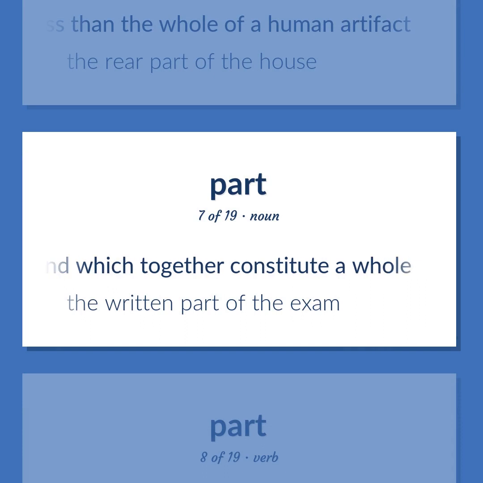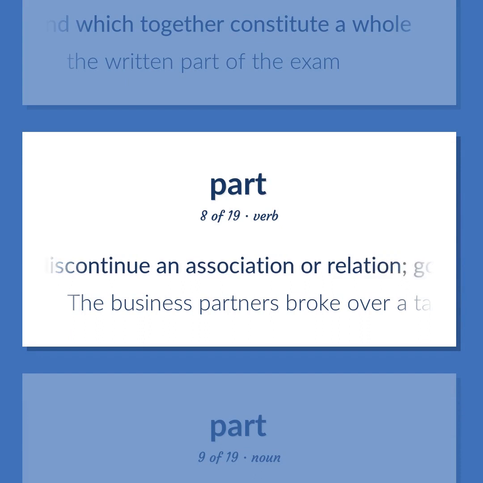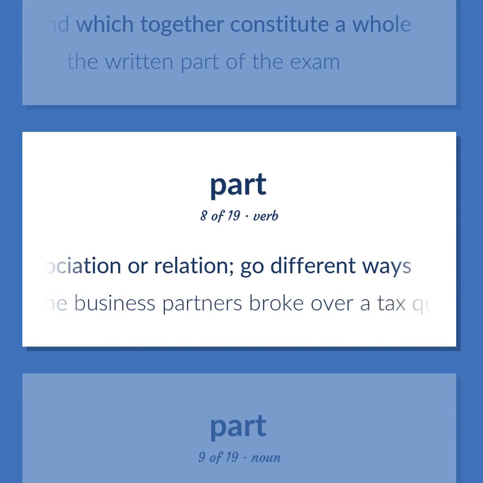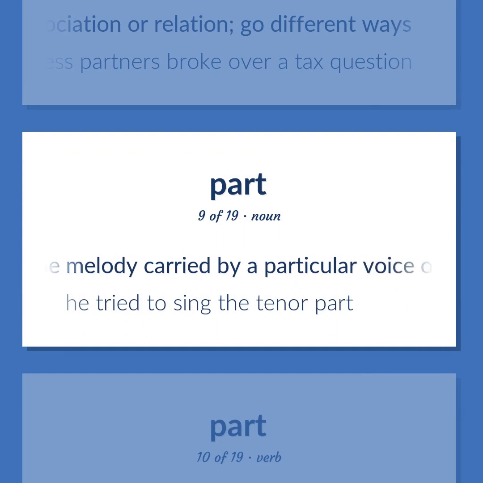The written part of the exam. Discontinue an association or relation. Go different ways. The business partners broke over a tax question. The melody carried by a particular voice or instrument in polyphonic music. He tried to sing the tenor part.